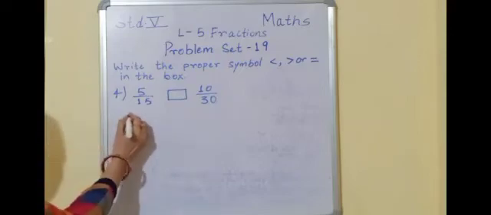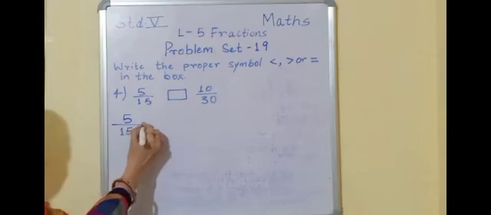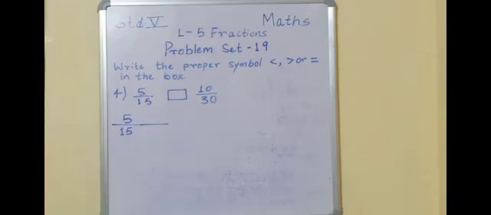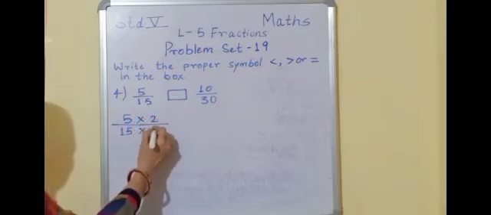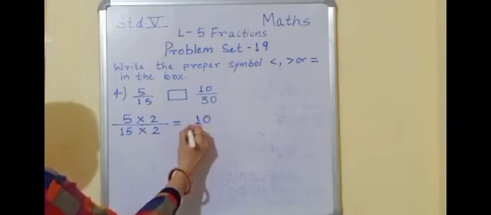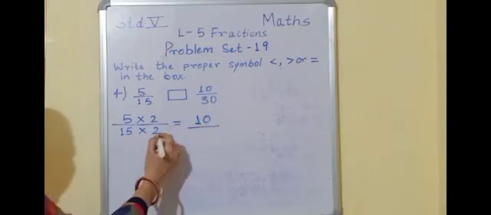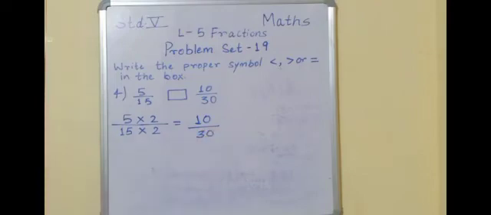So taking 5 by 15 and multiplying the numerator and denominator by 2, we get 10 as the numerator and 30 as the denominator.